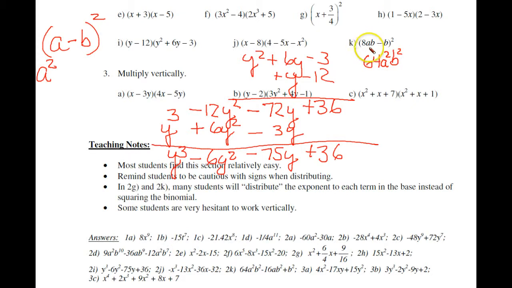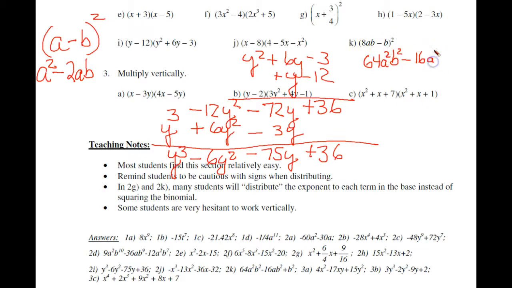That's the first term squared. We're now going to multiply these two together, and we use that sign. Negative AB, double it, negative 2AB. So we're going to multiply this together, and we're going to get a negative 8 that we're going to double to 16.